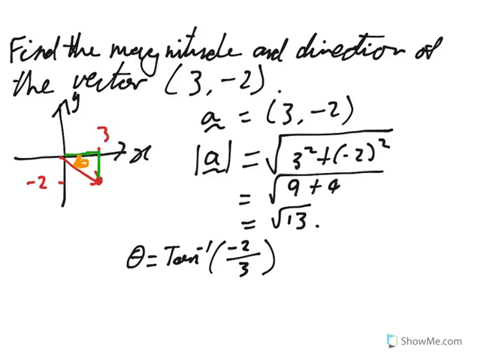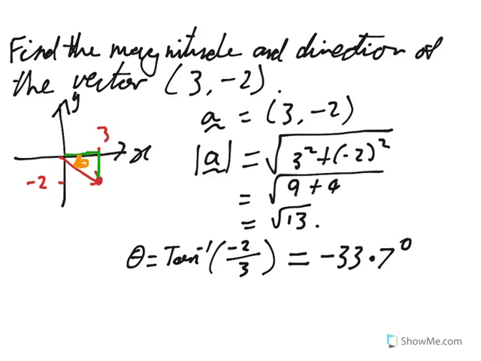And so what we end up with is -33.7 degrees. So remembering we're measuring in relation to the positive x-axis, so that's going in the clockwise direction, so that's a negative angle.